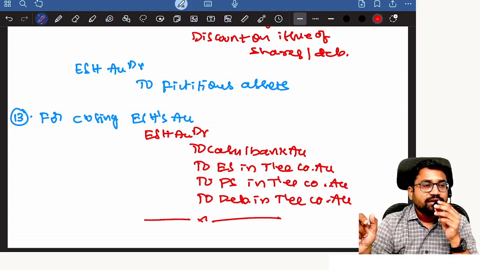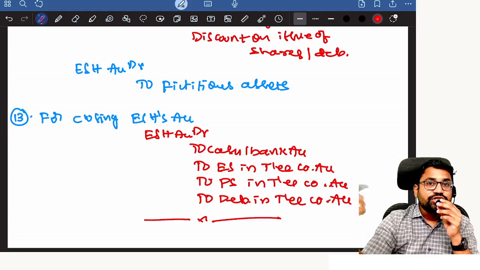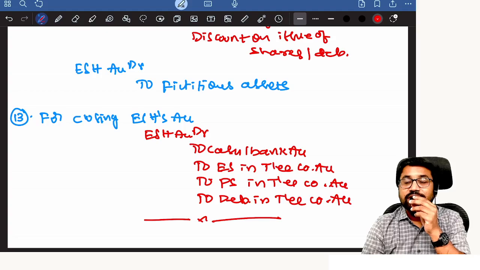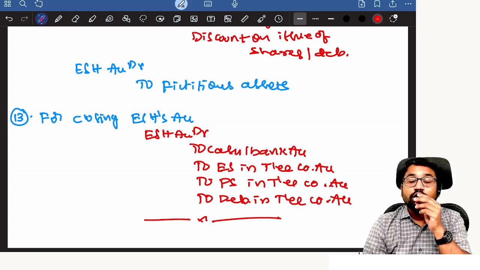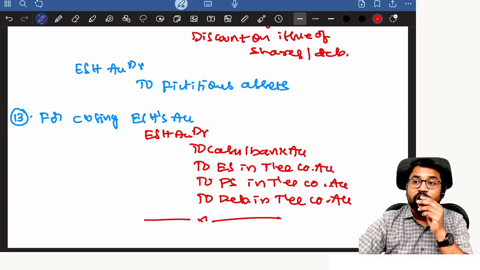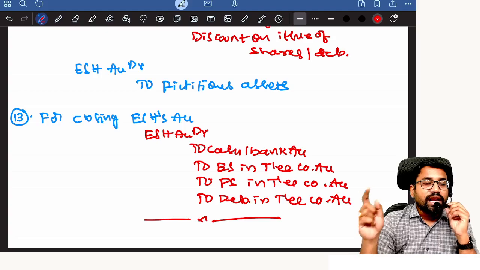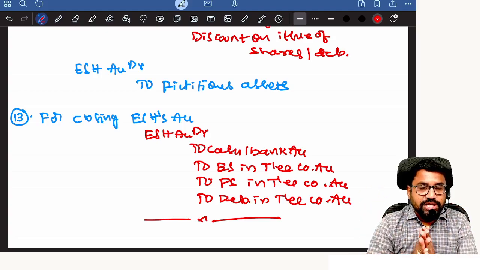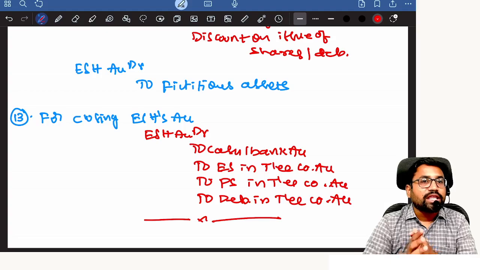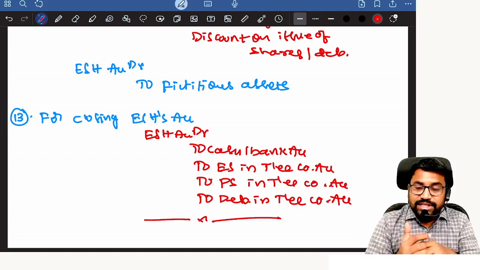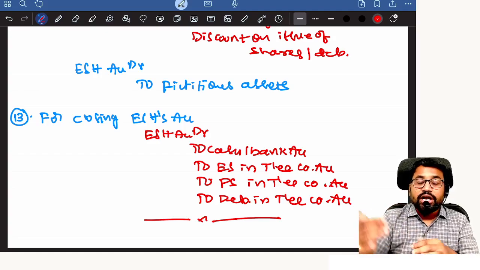Eighth, preference shareholders due entry. Ninth, payment to preference shareholders. 10th, close the realization account. Transfer profit or loss to equity shareholders. 11th, transfer equity share capital and reserves and surplus to equity shareholders. 12th, fictitious assets, if any, they will be adjusted to equity shareholders. Last entry.